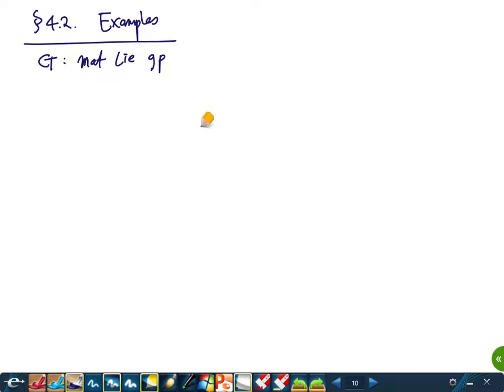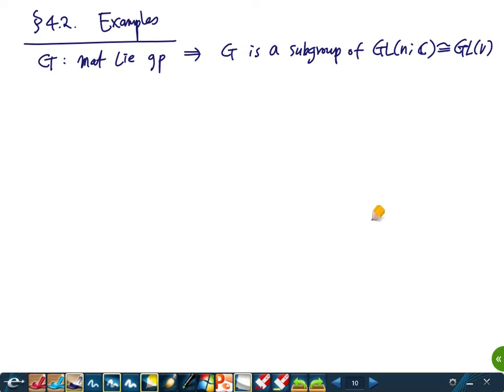So G is a matrix Lie group, then G is by definition a closed subgroup of GLn. So it's already a subgroup of this.